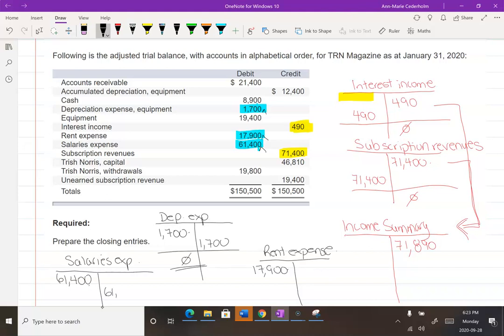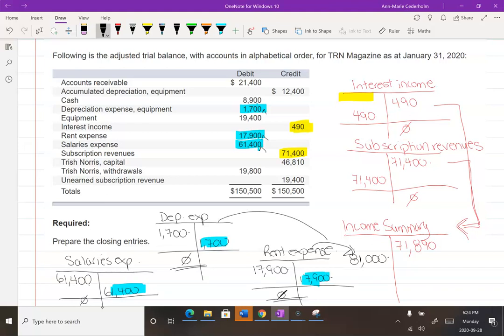I moved $61,400 out of salaries expense to make that 0. And I moved $17,900 of rent expense out to make that 0. And then those three together, 1, 2, 3, ended up going into the income summary account at $81,000.